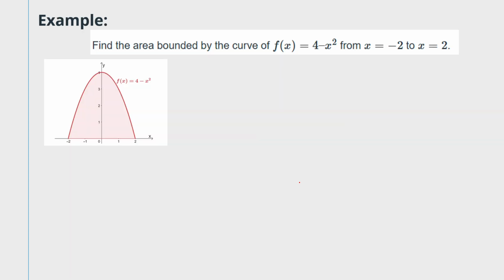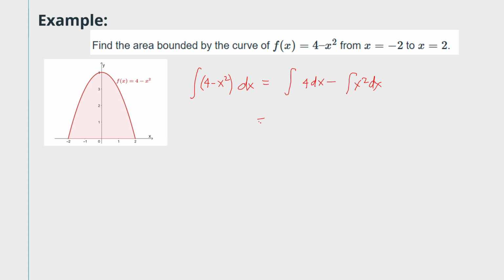So first, this is the illustration. This illustration would help us see what the curve looks like. Okay, so we have here the integral of 4 minus x squared dx, which is equal to the integral of 4 dx minus the integral of x squared dx.